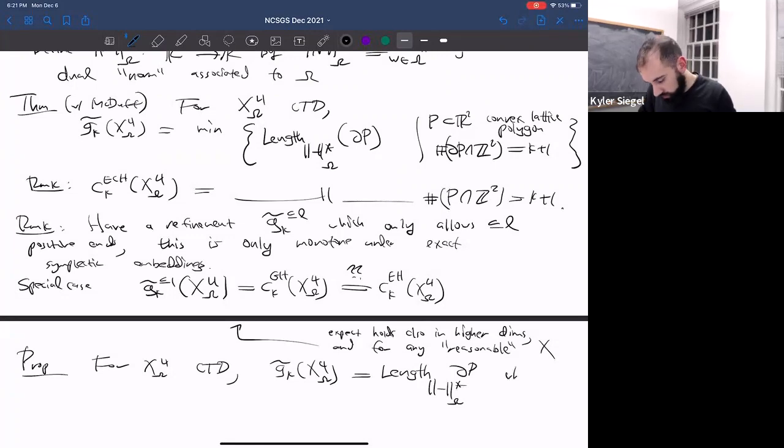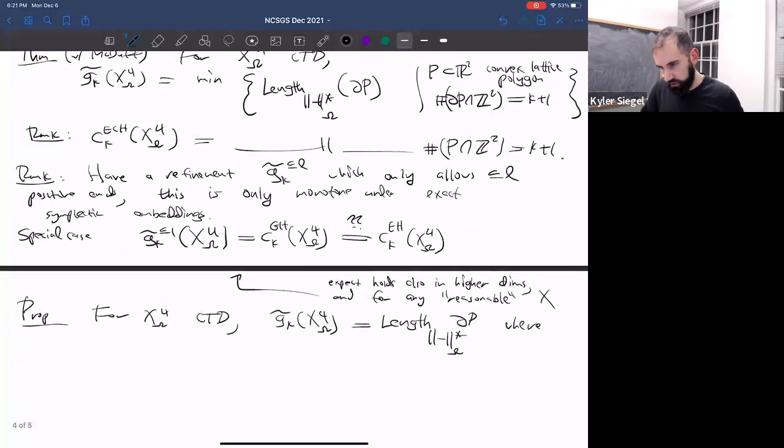And moreover, the claim is that the minimizing polygon P can be assumed to take one of the following forms.